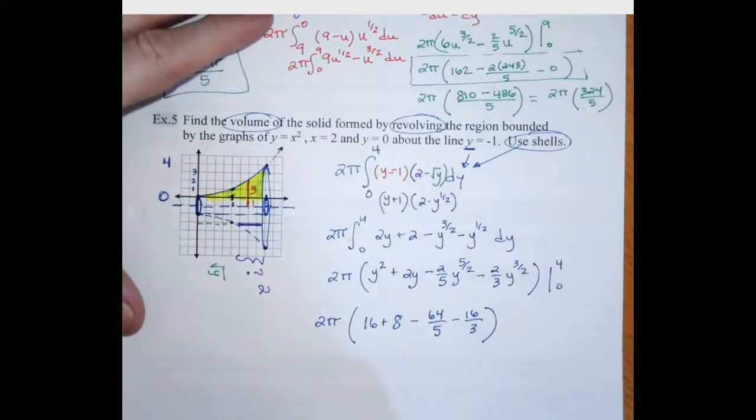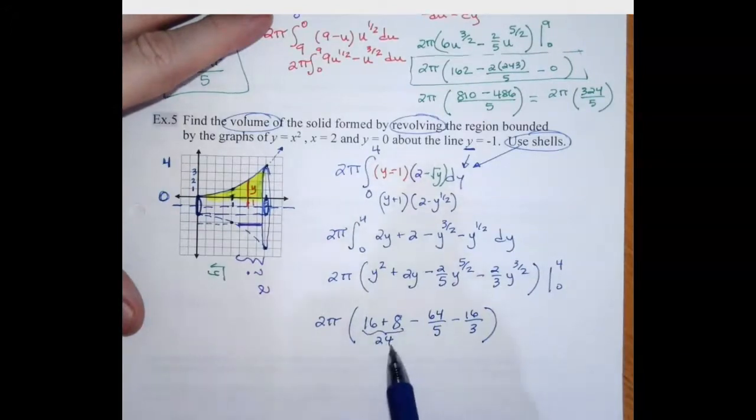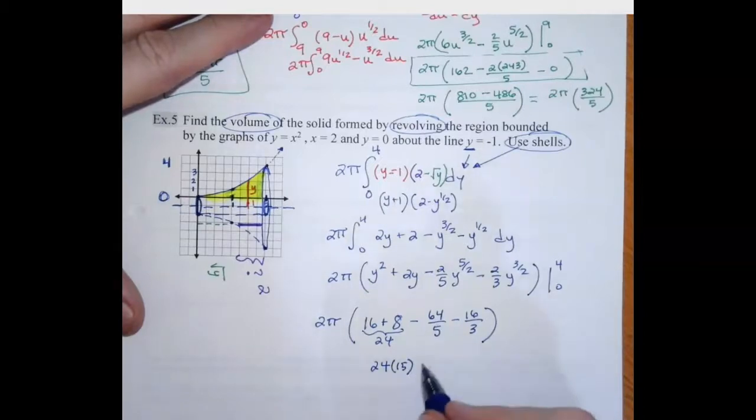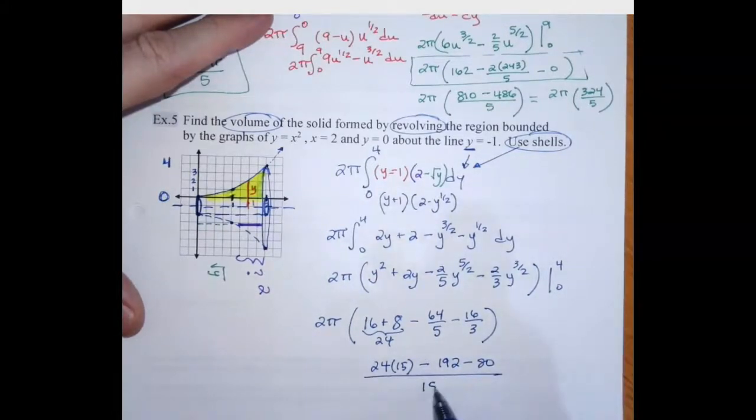And so the common denominator is going to be 15. This is 24, so we need to multiply this by 15. So we're going to have 24 times 15 minus 192 times 3 and times 5, that's minus 80, all over 15.